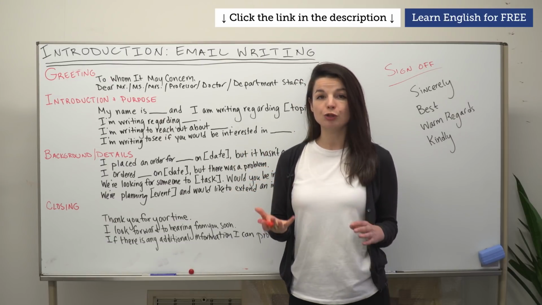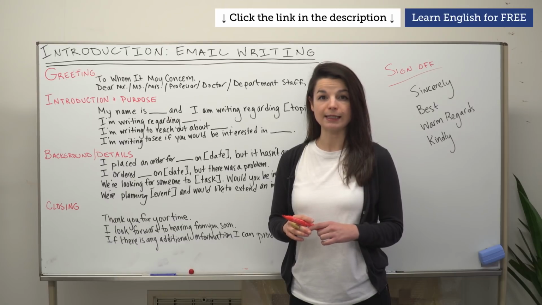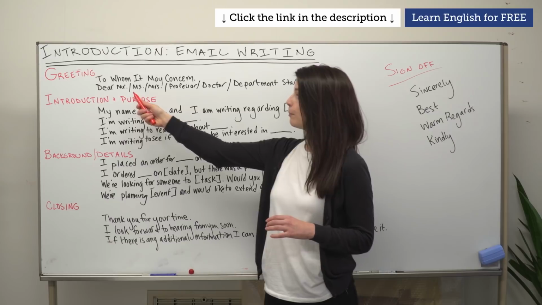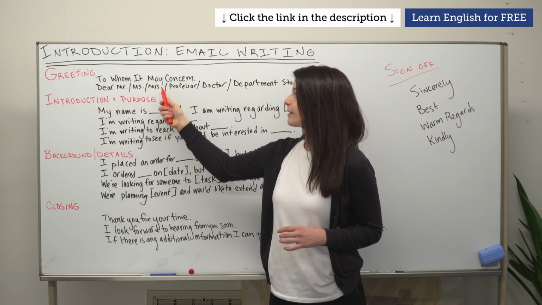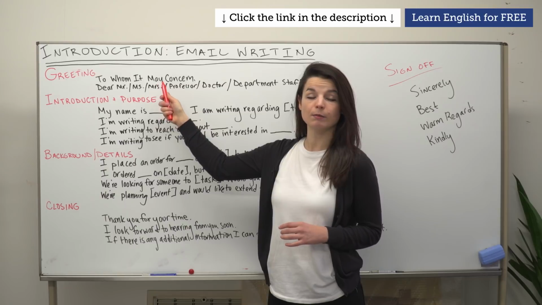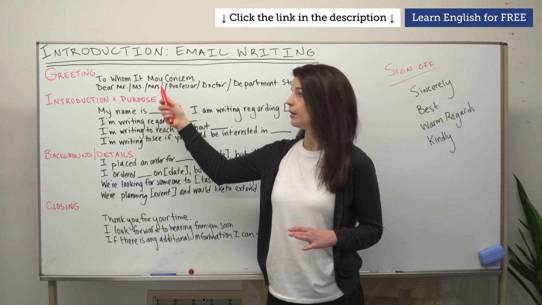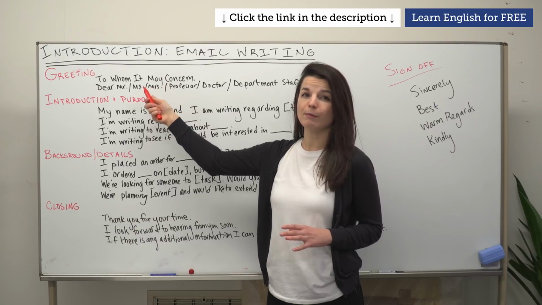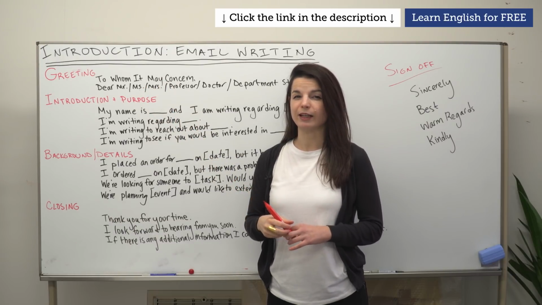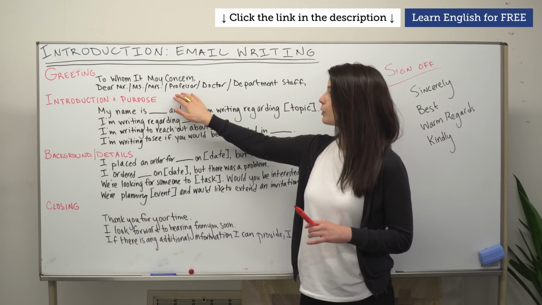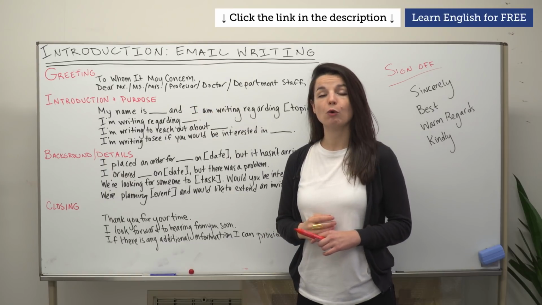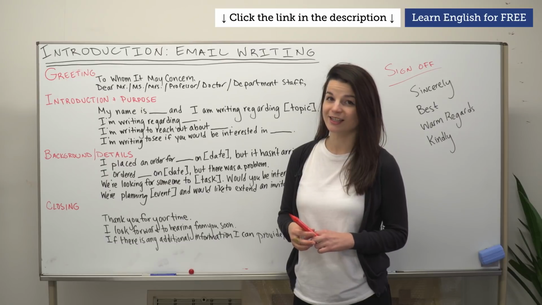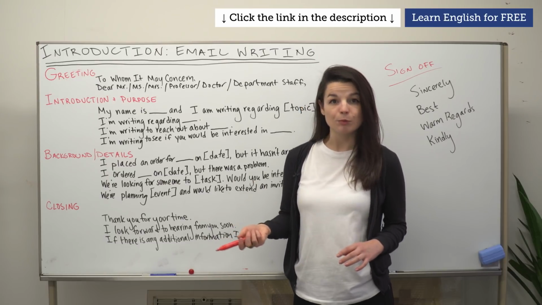If, however, you do know the person you are sending the email to, you can begin with dear, then add Mr., Miss, or Mrs. The difference between Miss and Mrs.: Mrs. is used for married women. Miss is used for unmarried women. If you don't know whether she is married or not, use Miss. Miss is the safer choice. You can also use a title like professor or doctor if you know that the other person is a doctor, has a PhD, is a professor, assistant professor.